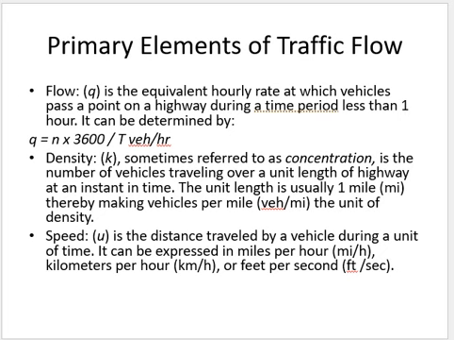And how many vehicles you observed in T seconds? N. So how do you convert it to rate of flow? Like this: N, the number of vehicles, divided by the number of seconds you observed, multiplied by 3600, which is for 1 hour, right?